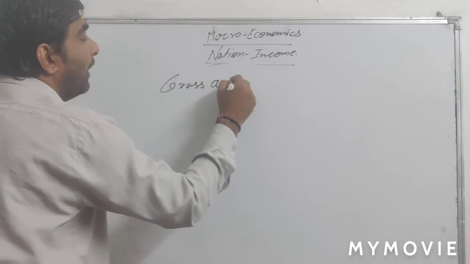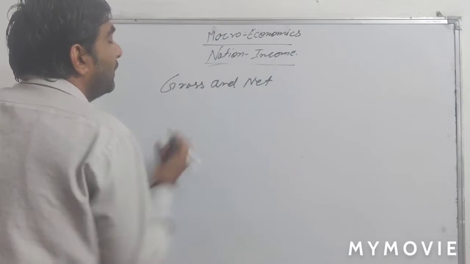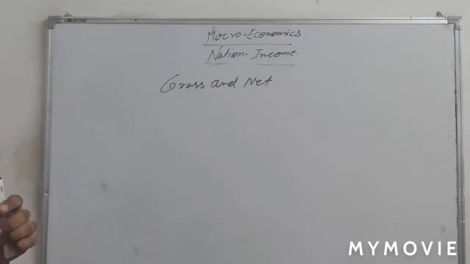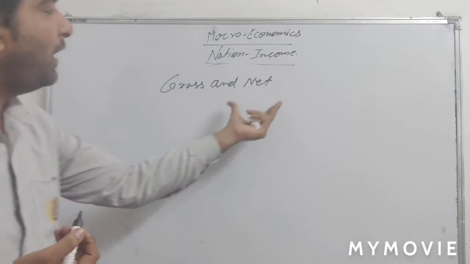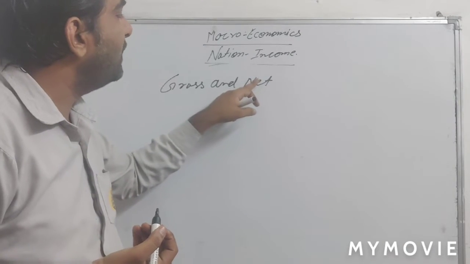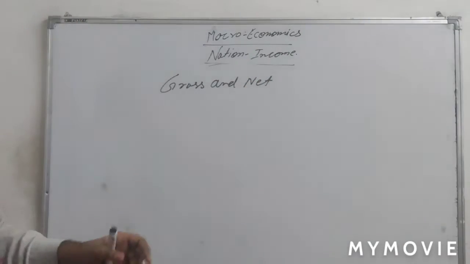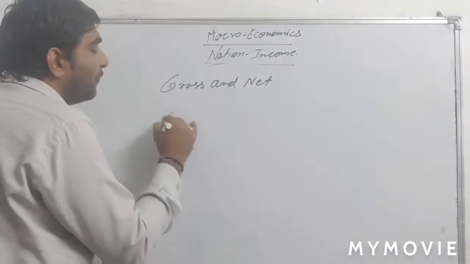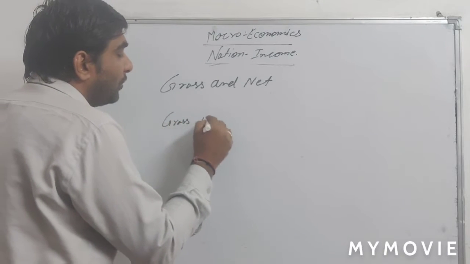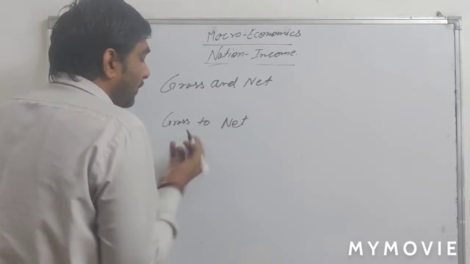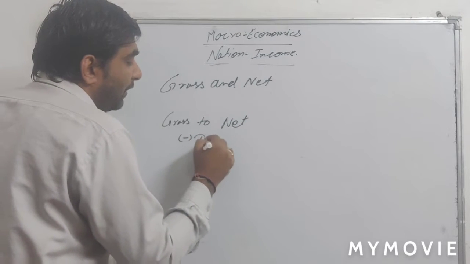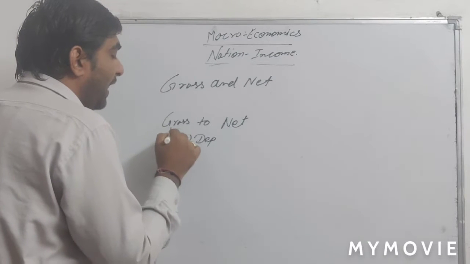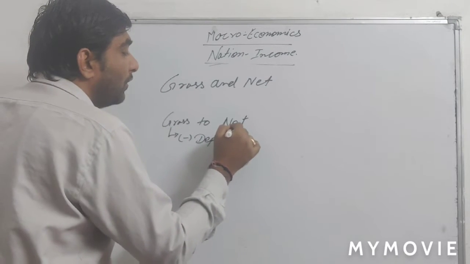Gross and net. If we calculate national income in gross form and net form, what is the difference? Firstly, if we want to move from gross to net, we subtract depreciation.